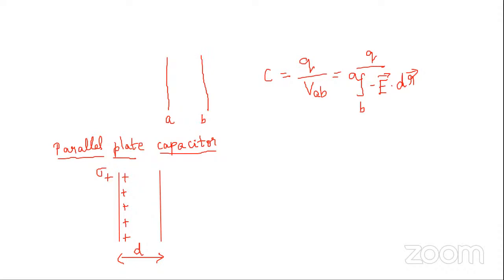Whenever you give positive charge to the first plate, it induces an equal number of negative charges on the second plate, whose other end is earthed like this. When you have this kind of arrangement, it is called a parallel plate capacitor.